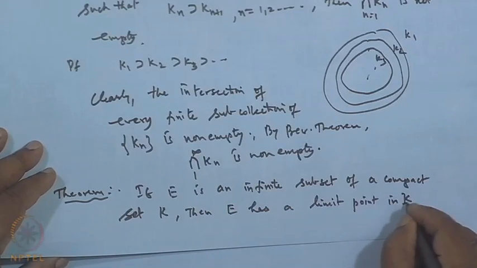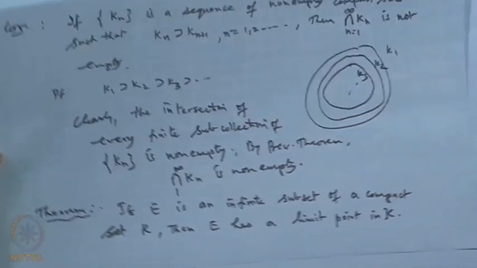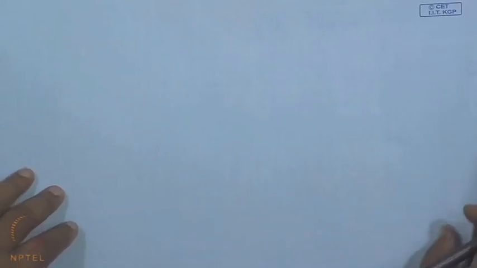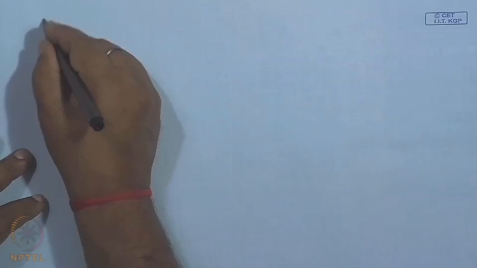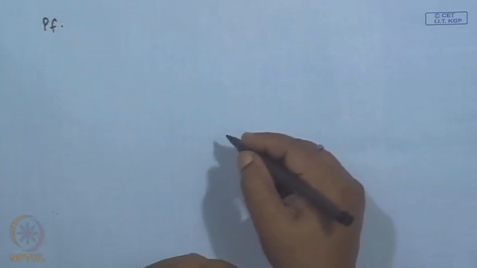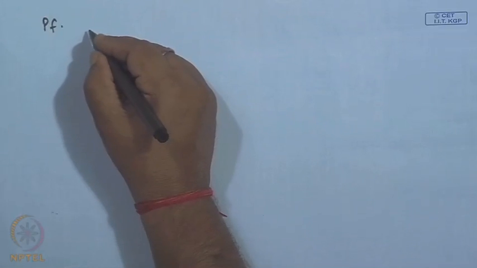So, let us suppose the contradiction. We prove it again by contradiction. Proof.